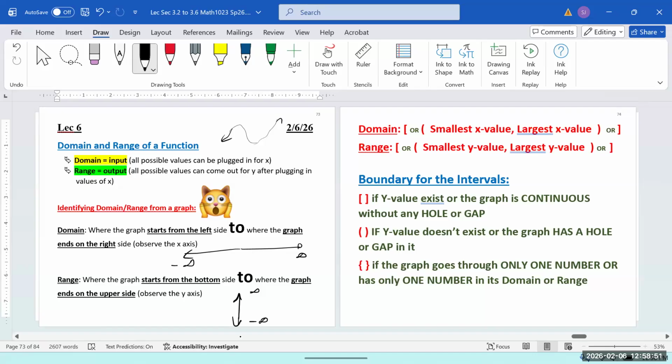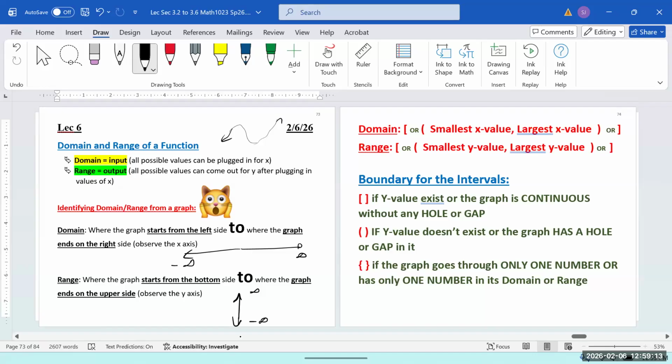We are going to use parentheses if your graph has a hole or a gap in it. And we use curly brackets when your domain or range has only one number in it. So for one number, we use the curly bracket.